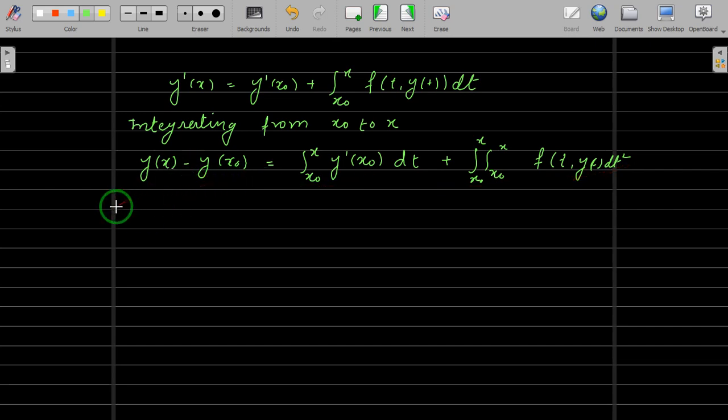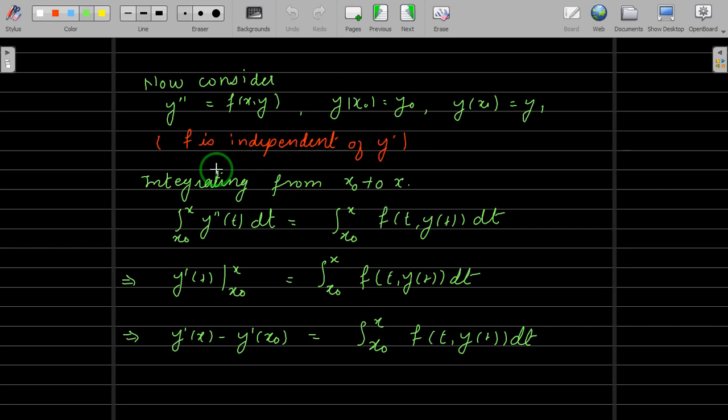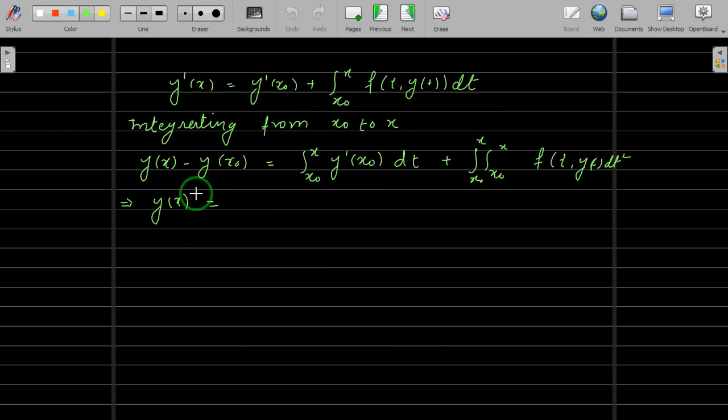So this implies, I will keep y at x on one side, this will be equal to y at x naught, and for us y at x naught was y naught. So this will be y naught plus y dash at x naught, which is constant, so we can take it outside, and when you integrate it is just t in upper limit minus lower limit, so x minus x naught, plus you convert this double integral to a single integral the way we have done in the last times.